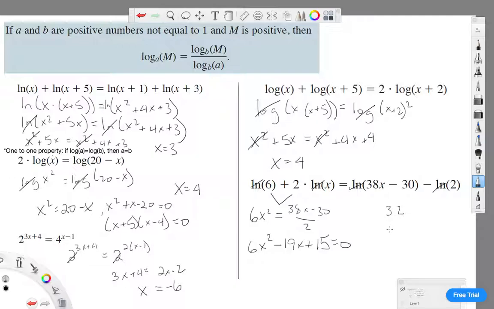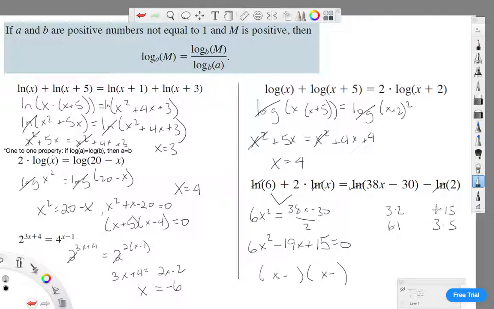We've got 3 and 2, we've got 6 and 1, and the factors for 15, we've got 1 times 15, and 3 times 5. And we know that we have our double negative here, so we've got something x minus something, and something x minus something again.